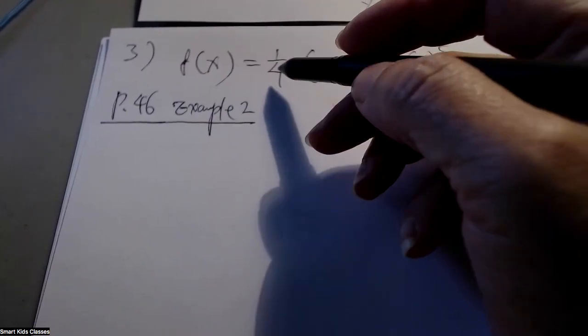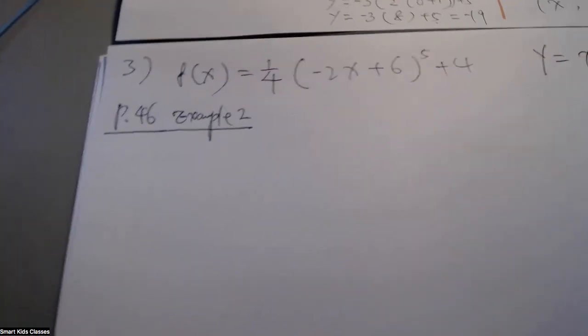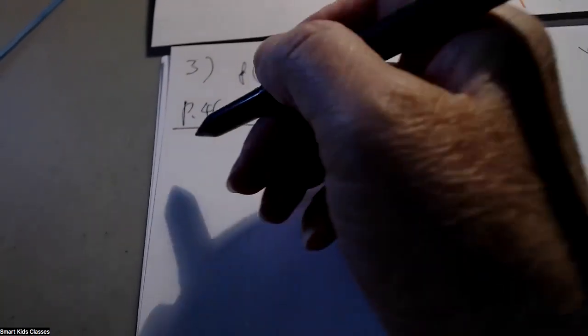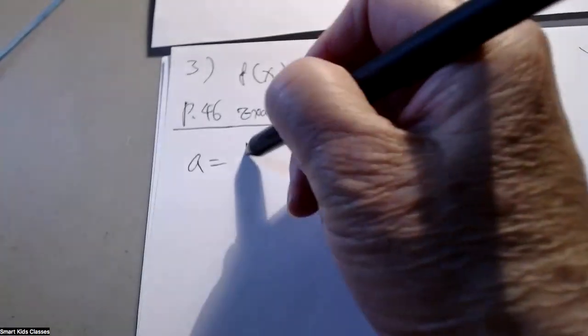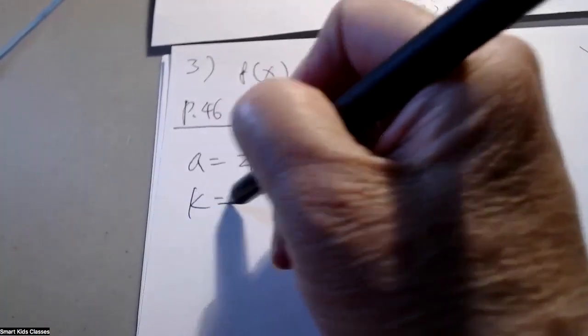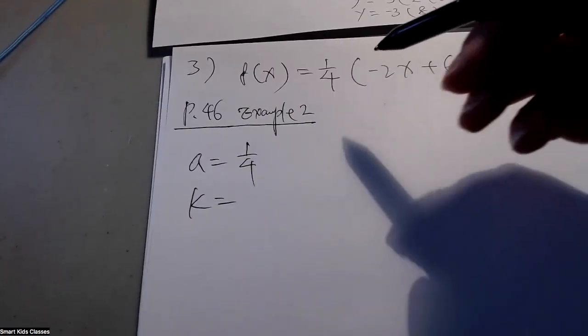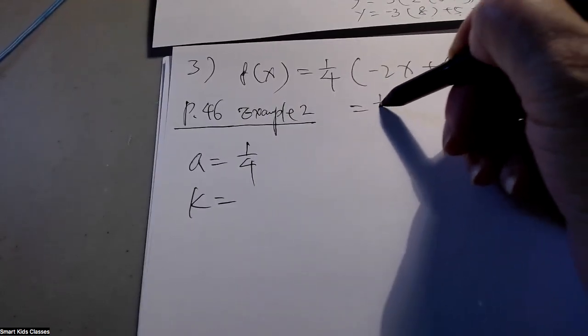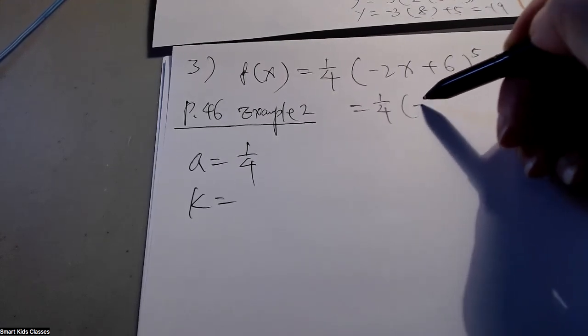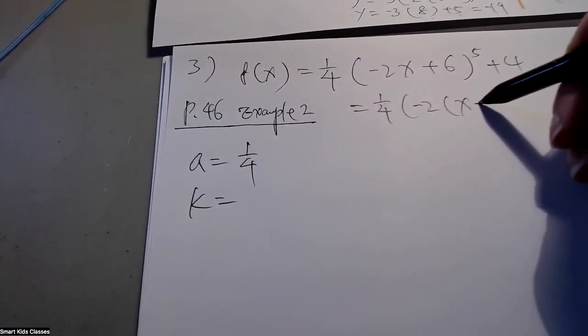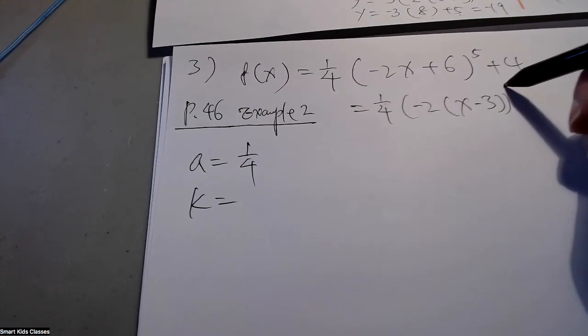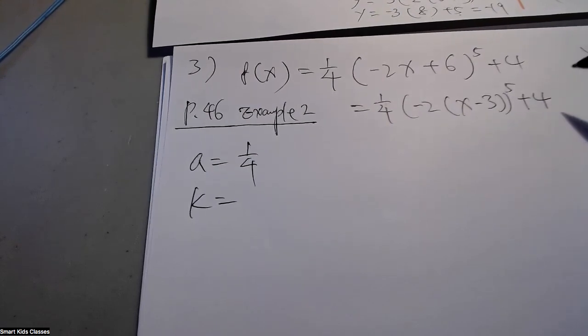So we're going to write each parameter here. A equals how much? A is equal to 1 over 4. How about K? For this equation, you need to factor it. So you write y equals 1 over 4 times negative 2 and x minus 3, exponent 5, plus 4.